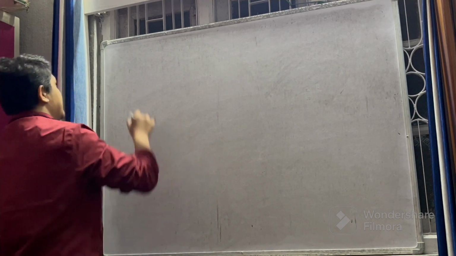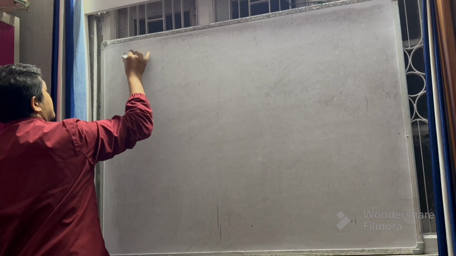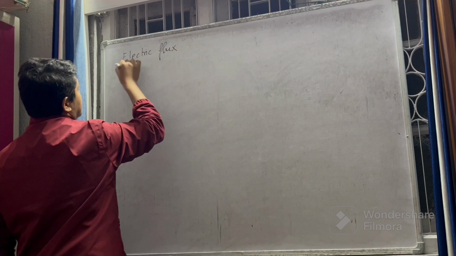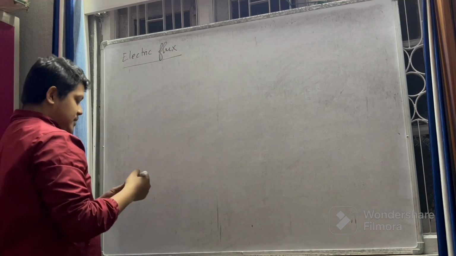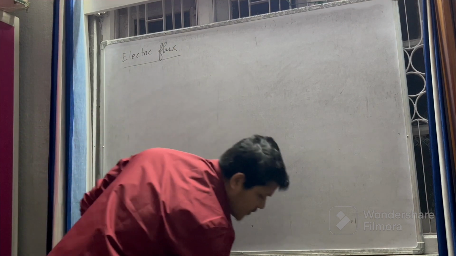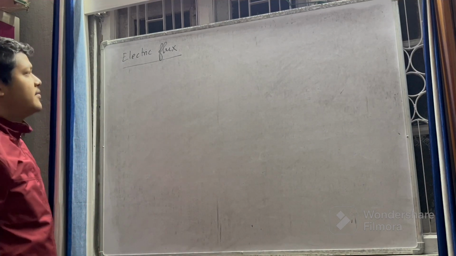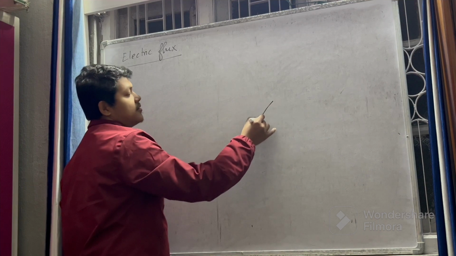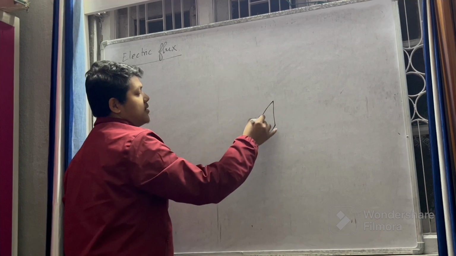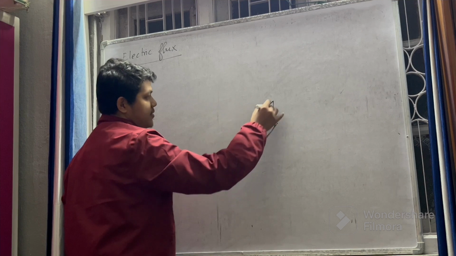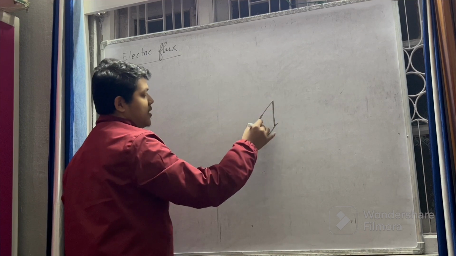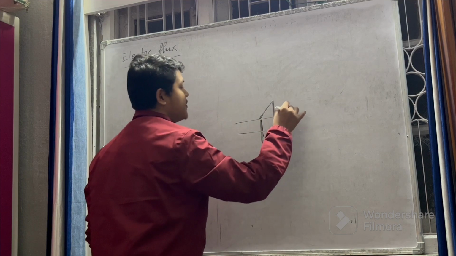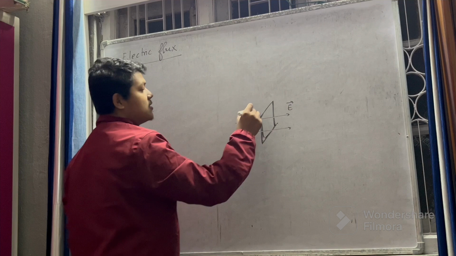Now let us discuss electric flux. So what do you mean by electric flux? Suppose this is a surface, kept in an electric field, and the direction of the electric field is perpendicular to this surface.